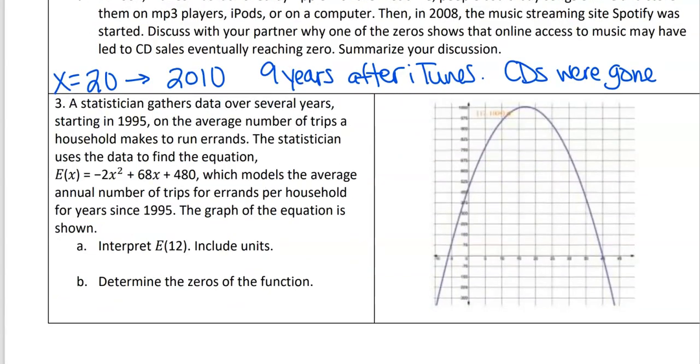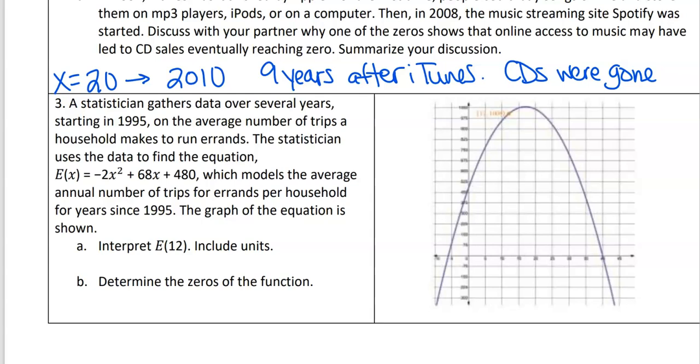All right, number 3. A statistician gathers data over several years, starting in 1995, on the average number of trips a household makes to run errands. The statistician uses the data to find the equation E of x equals negative 2x squared plus 68x plus 480, which models the average annual number of trips for errands per household for the years since 1995.